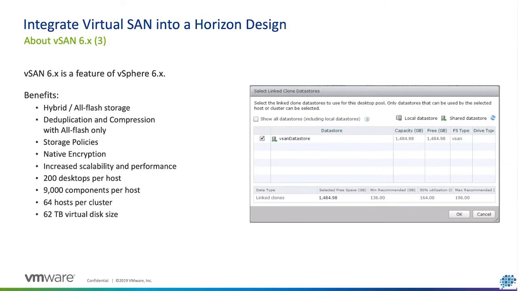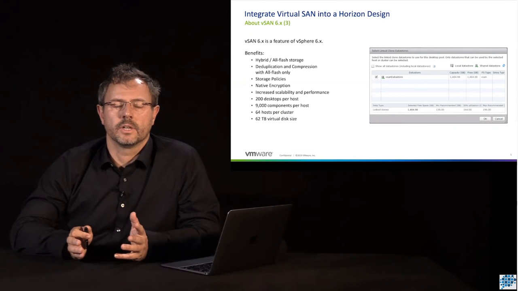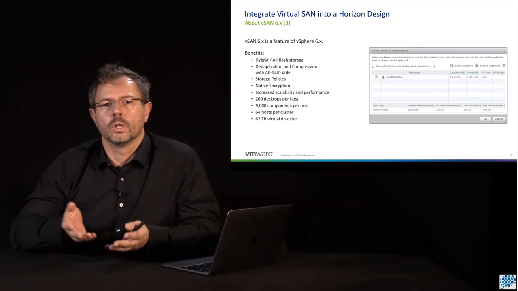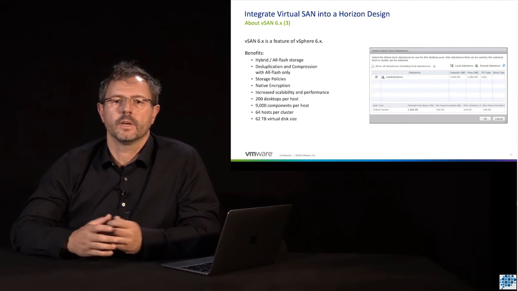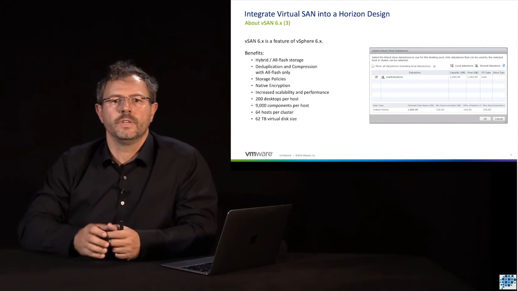As we already mentioned, vSAN is a feature of vSphere, and as you can see on the list, we have a lot of features there, right? So we have our hybrid and all-flash solution, we have the features deduplication and compression we already mentioned, which are only available in all-flash scenarios, right? We have storage policy management, we have native encryption, and from the scalability point of view, we are using local disks in our servers for vSAN, so if we need more capacity, more I/O and stuff like that, we just add another node to the vSAN cluster, right?